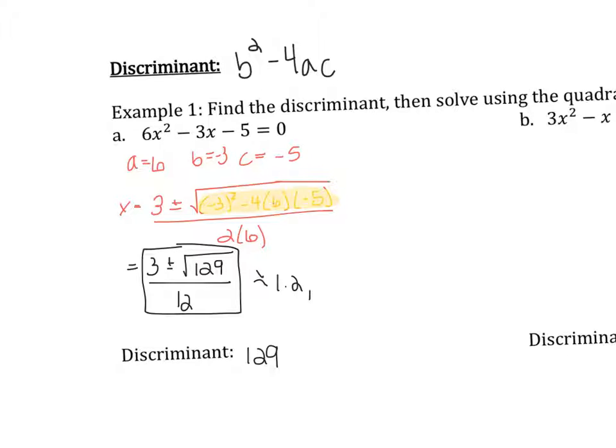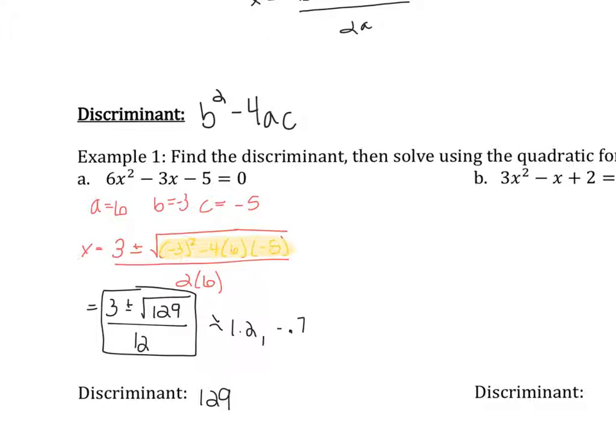And if we did 3 minus the square root of 129 divided by 12, we would get negative 0.7. Now I bring that up to show you that this is actually crossing the x-axis in two places. They're decimals, but they're still two real numbers.